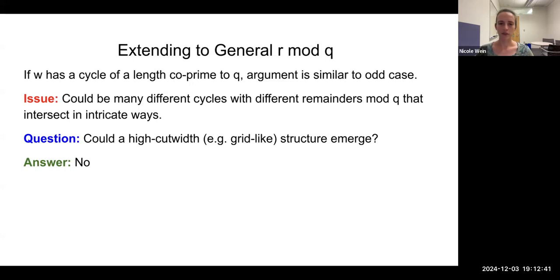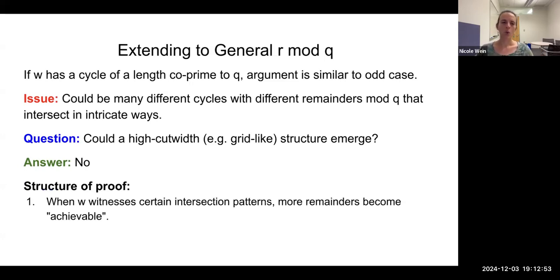But the structure turns out to be a lot more complicated than just the odd case. A general overview of the structure of the proof, which I won't go into any details of, is that when the walk W witnesses certain intersection patterns, more remainders become achievable.